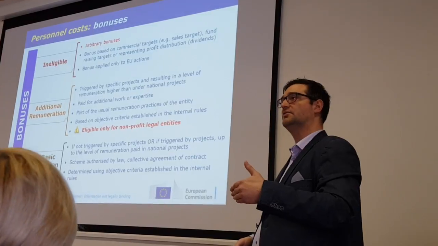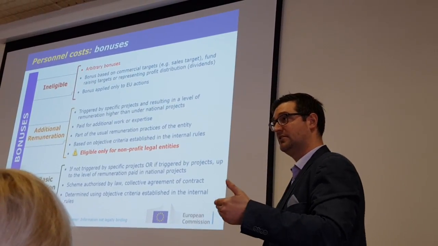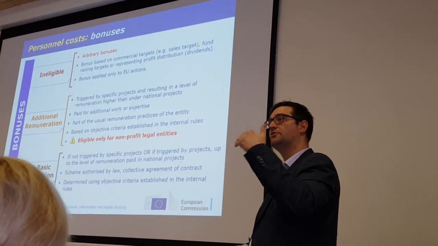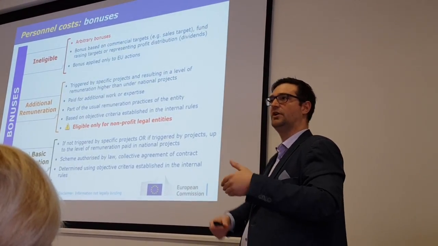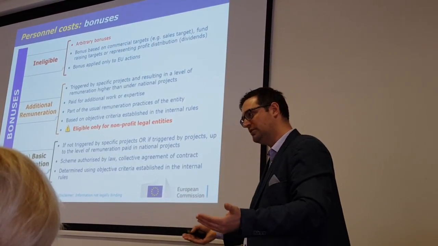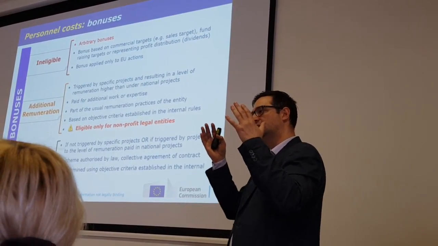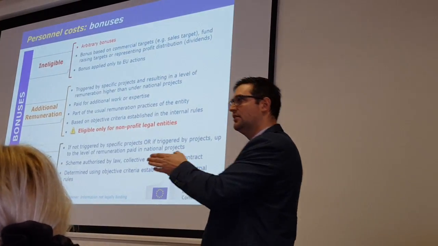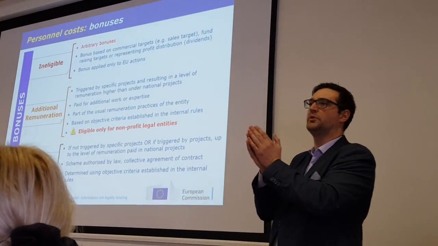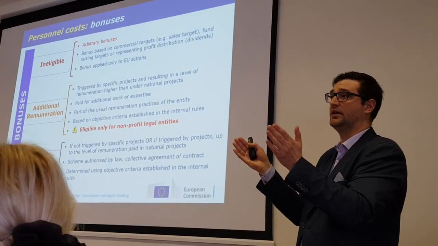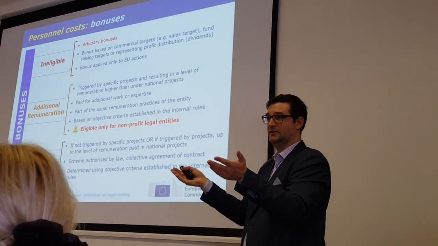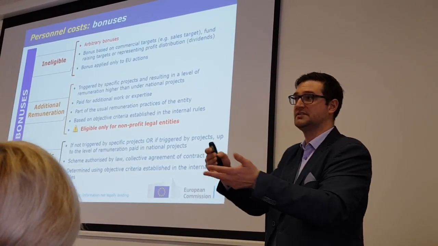So we have to have rules for the bonuses, and for everybody. If you have rules for all the employees, or at least for different categories of the employees, then there is no problem with the bonuses. You can have extra salary in June, in December.